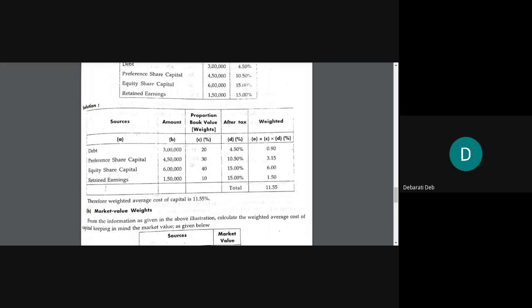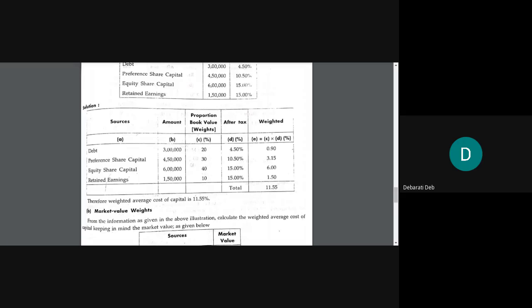How will you multiply? Be careful with the percentage signs, okay? 20% means 0.20, isn't it? 20% means 0.20 and 4.50% means 0.045.